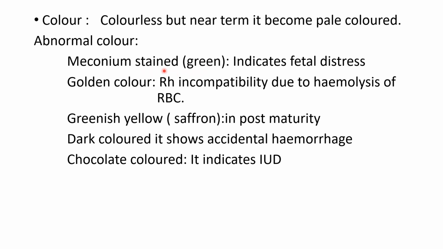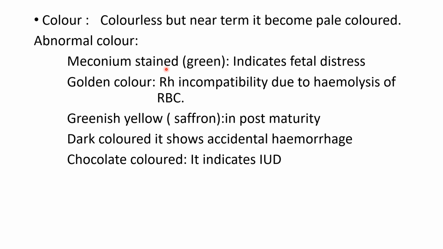Meconium is the first fecal matter which will be passed by the baby. Usually the baby passes this after delivery. But in the case of fetal distress, that is, if the baby is struggling for oxygen in the uterus, the fetal heart rate will increase, and the baby will involuntarily pass the meconium in the uterus itself.